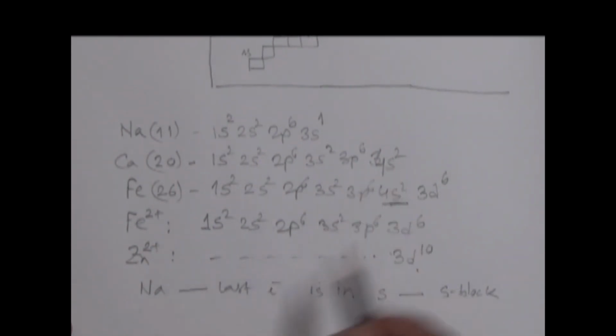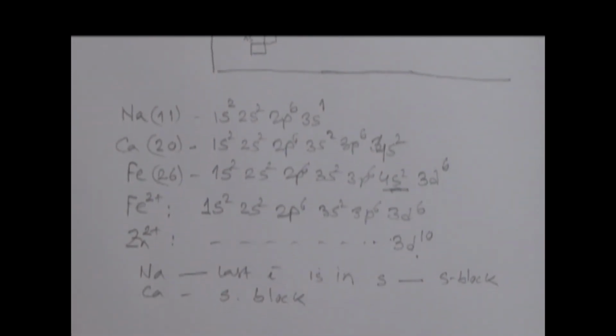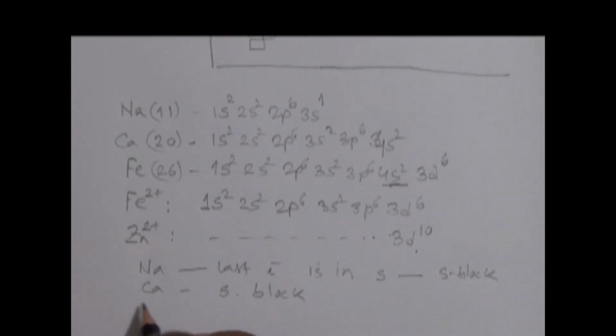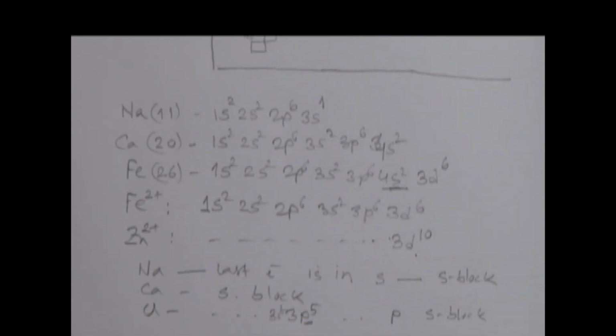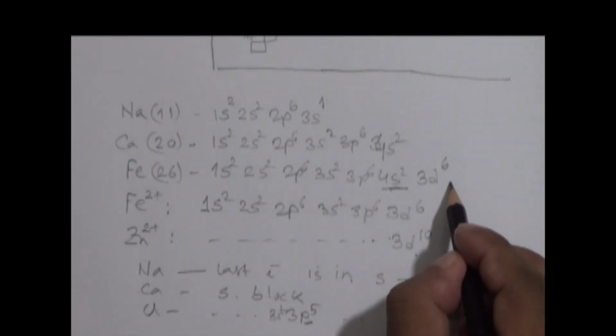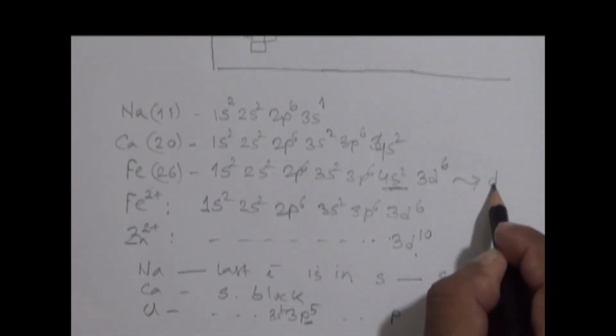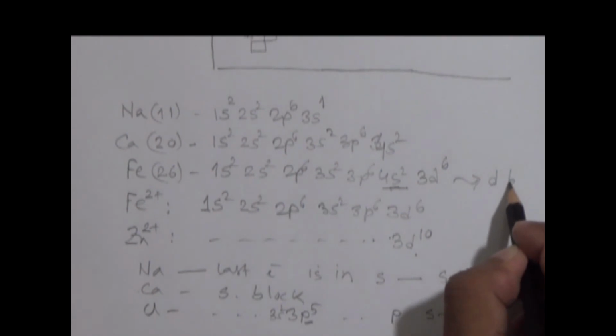Similarly, calcium is also an s block element. If we want to say chlorine, the last electron is 3p5, then 3s2, so last electron in p orbital, so this is a p block element. The similar case, iron is a d block element, d block.